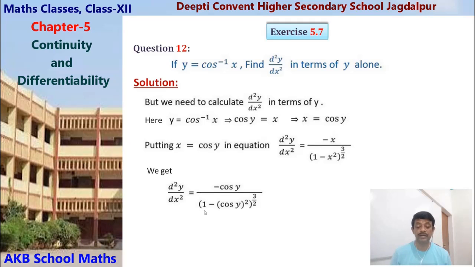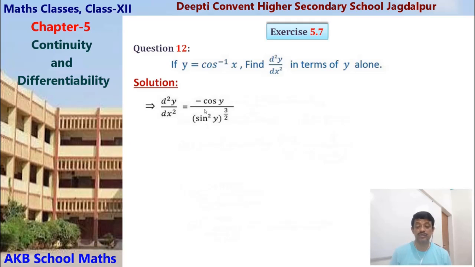So d2y upon dx square equals minus cos y upon (1 minus cos square y) to the power 3 by 2. 1 minus cos square y means sin square y. Sin square y to the power 3 by 2, the 2 cancels, giving sin cube. Clear? As 1 minus cos square theta equals sin square theta.